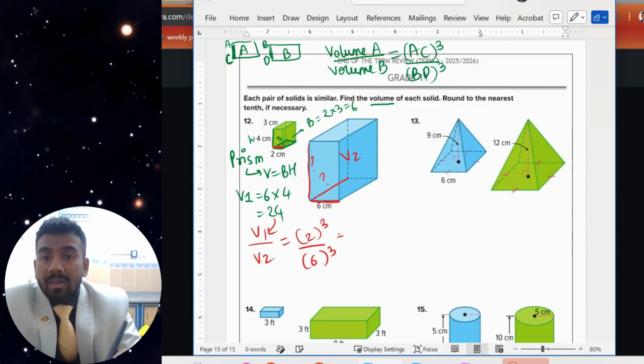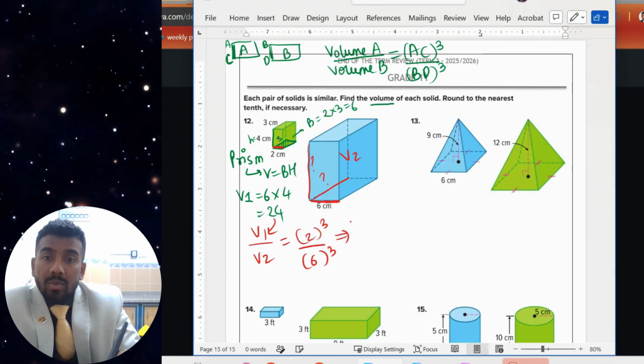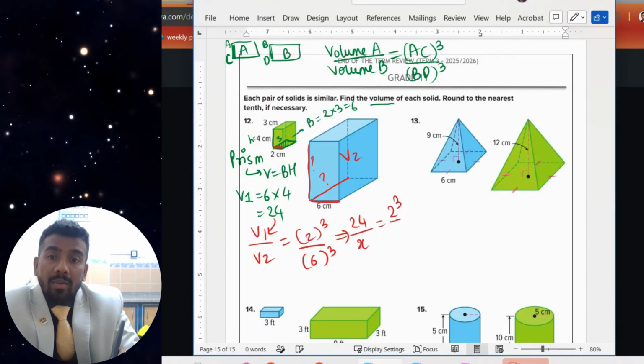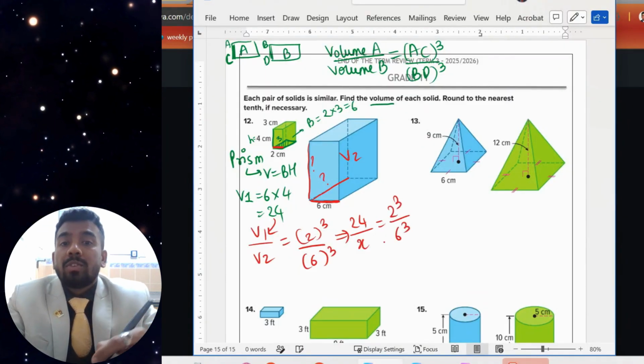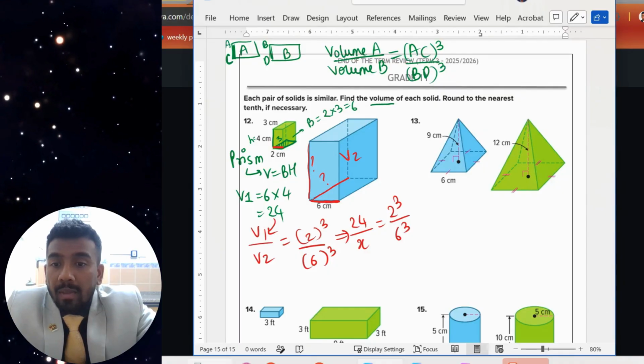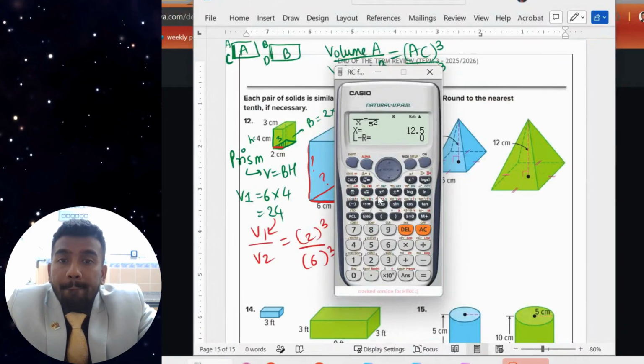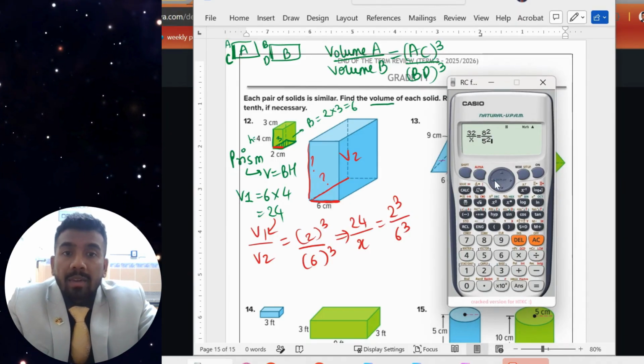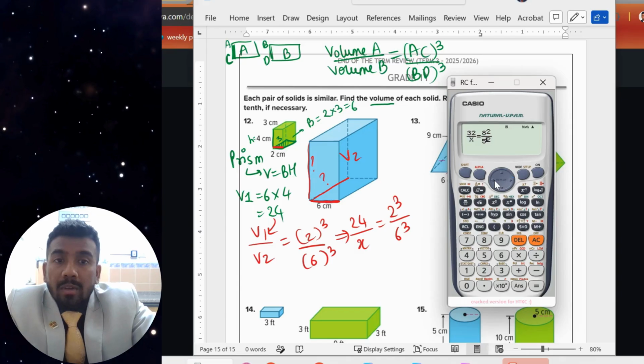Let's write it again. So it's 24 over x equals 2 power 3 over 6 power 3. Do shift solve. Same way, let's go here.